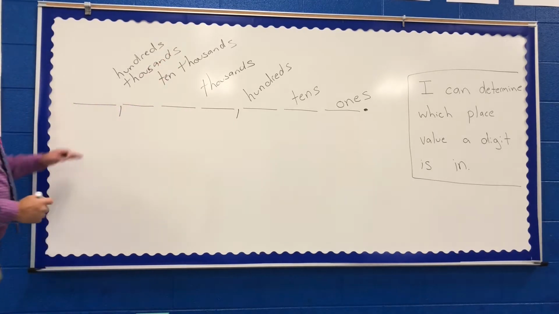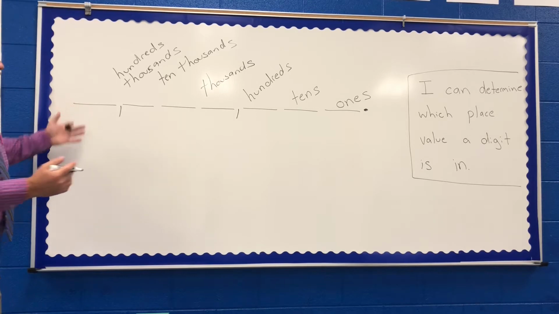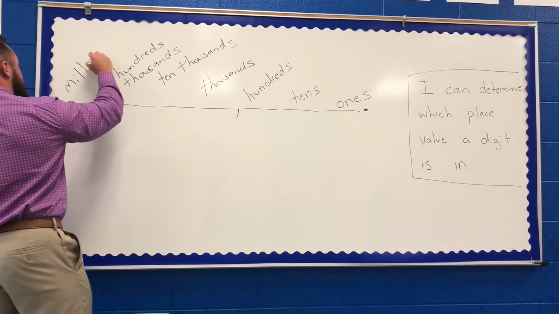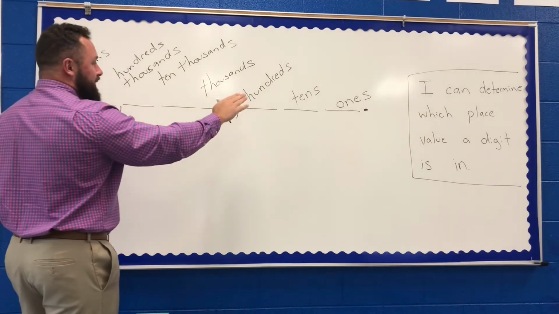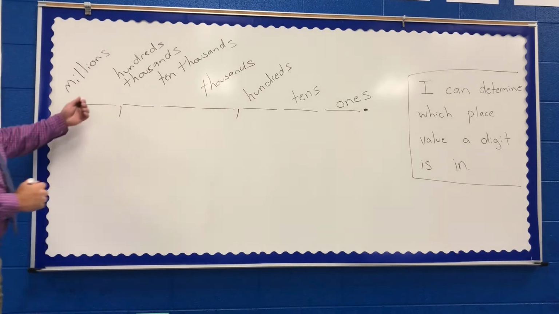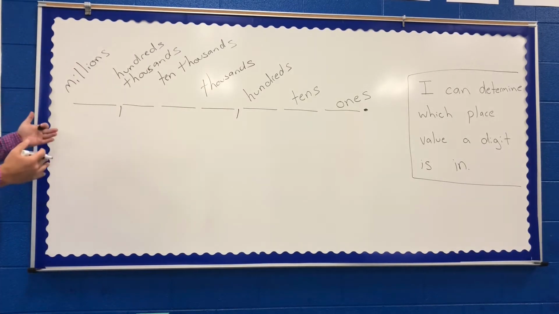And this is as far as we go in third grade, but you really won't see a lot of problems with this, but this would be your millions place. So ones, tens, hundreds, thousands, 10,000s, 100,000s, millions. If we were going, it would be 10 million, 100 million, start over with a billion, 10 billion, 100 billion, keep going. So we all should be familiar with this.